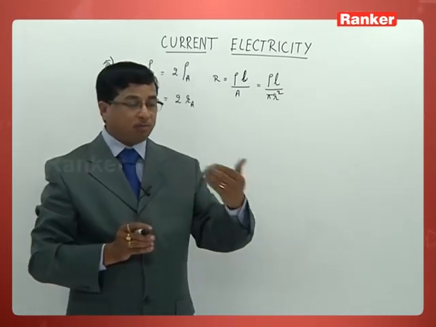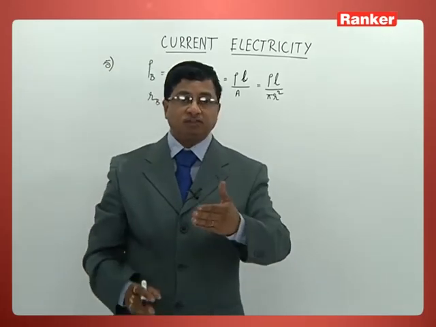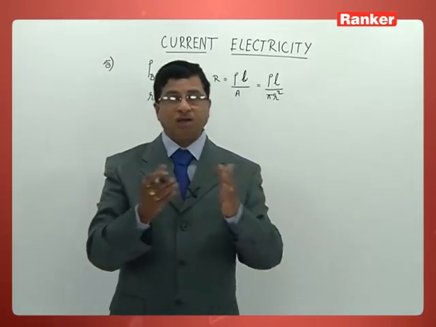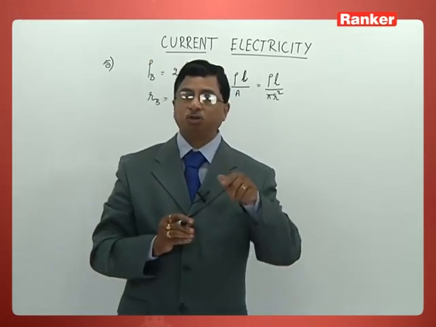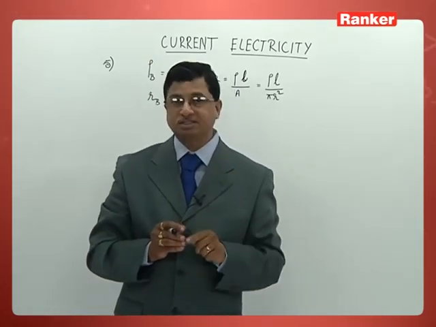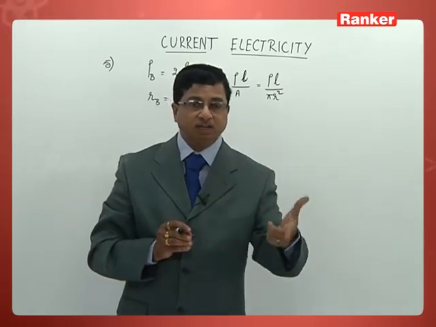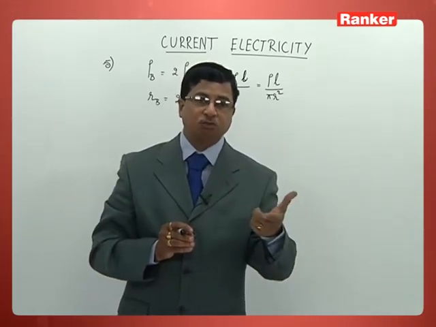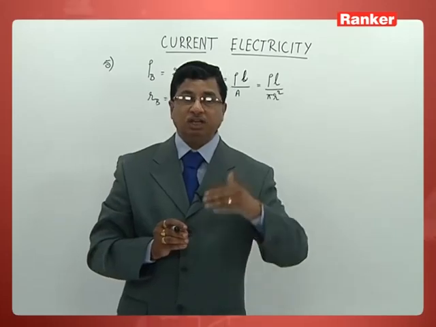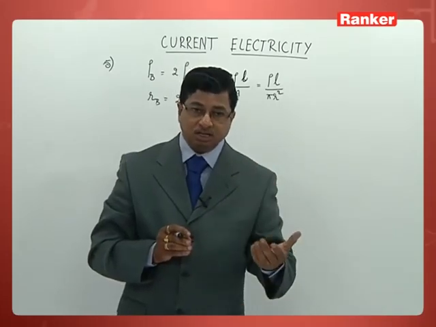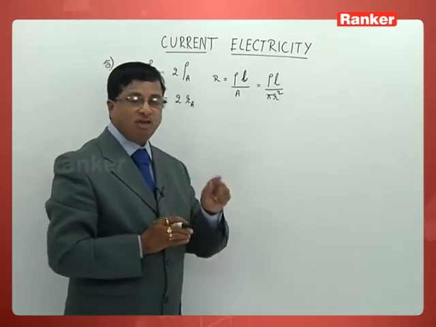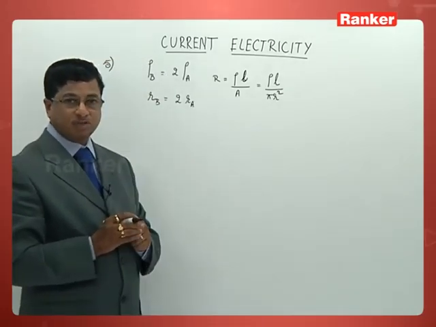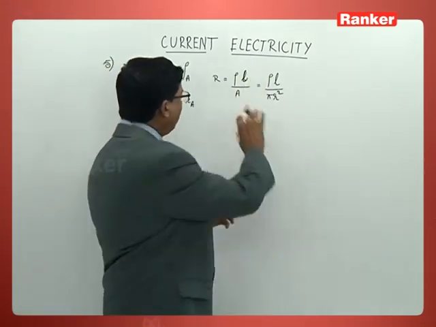Whenever we deal with area, we take surface area or area of cross section, two different ways we consider area. But while calculating resistance, it is the radius of cross section that we have to consider. So for the area of cross section, r gives you the radius of cross section. So this is the formula for r.